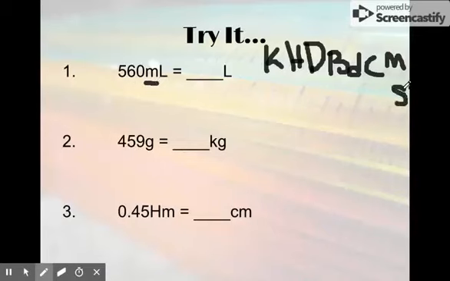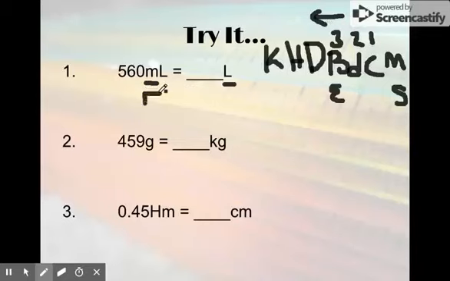And we're going to just L. Remember, if there's only one letter, that means our base units. Under base is meters, liters, grams, seconds. So if you see just one letter for the unit, you know that's a base unit. Okay, so we're going to count how many away that is.